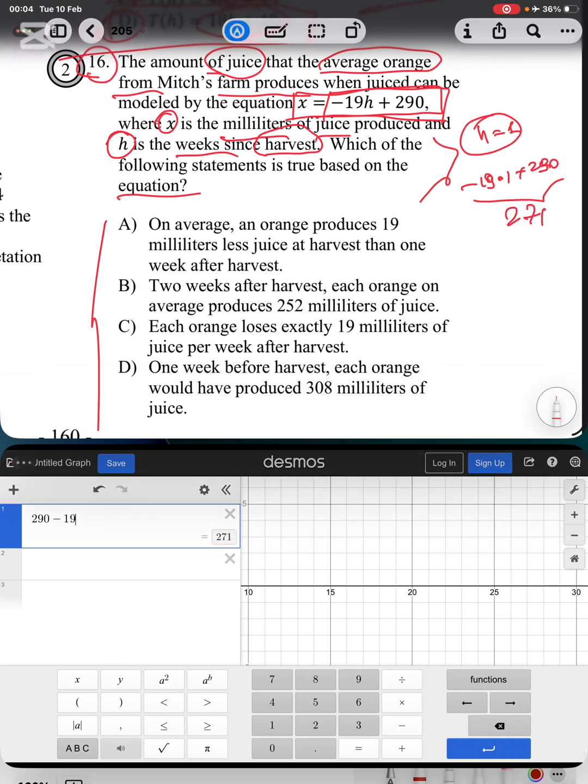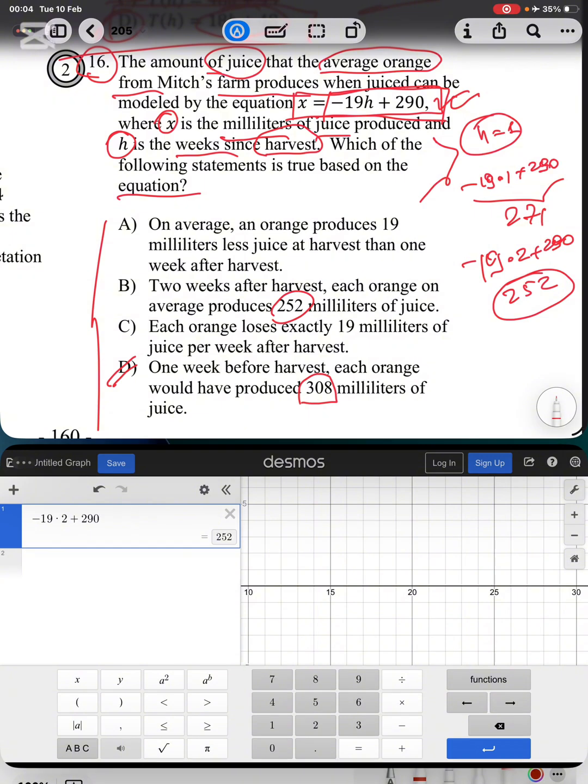Now insert 2 into the given expression: minus 19 multiplied by 2 plus 290 is going to be 252, right? So as you can see, it will not increase at this point. So we can simply eliminate this choice.